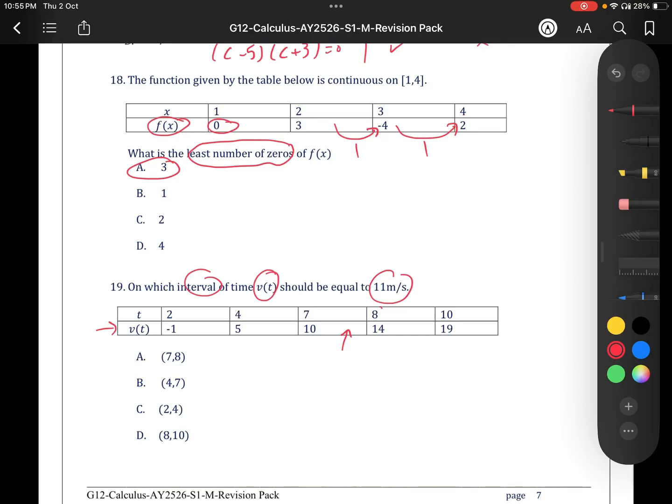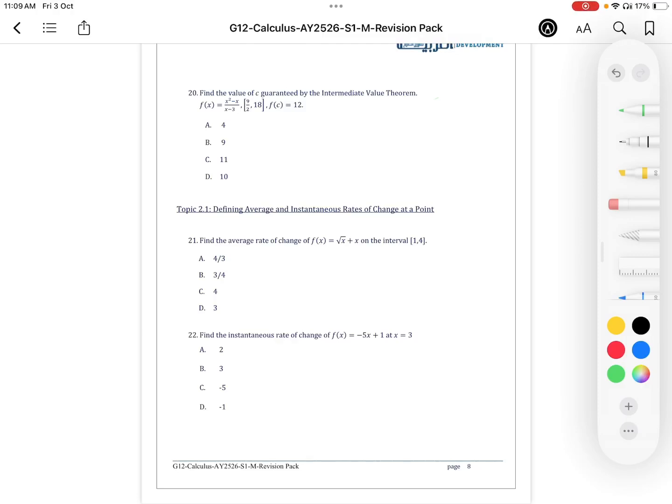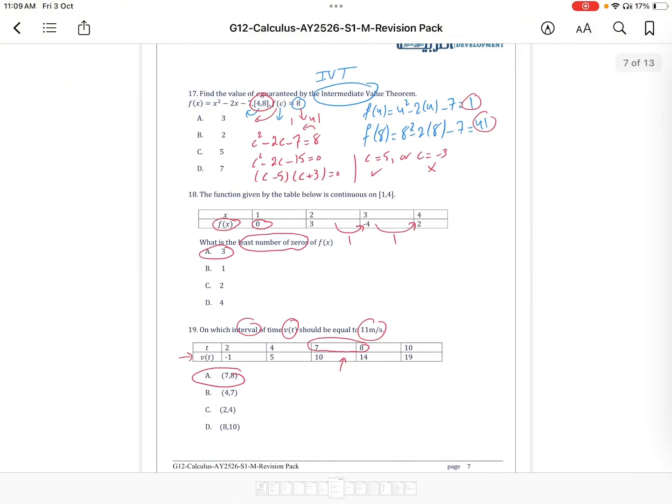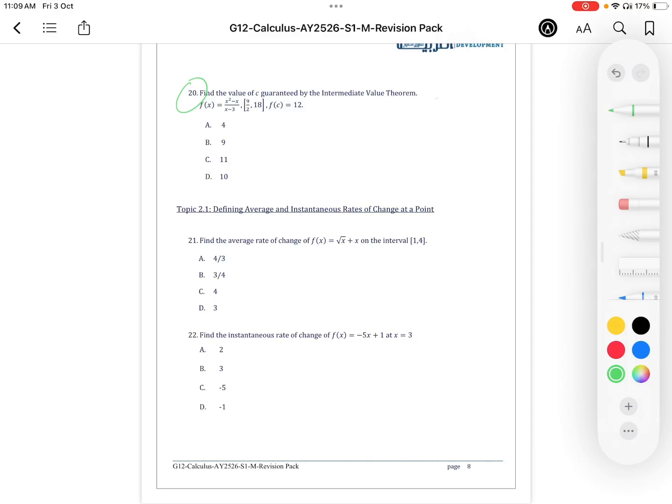So the t is in this interval, 7 to 8. For number 20, it's exactly like number 17, so no need to repeat. So we go to number 21.